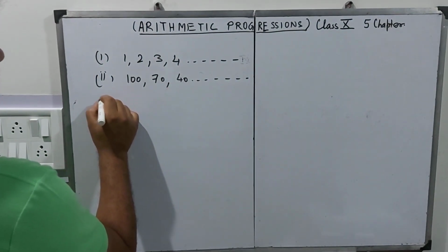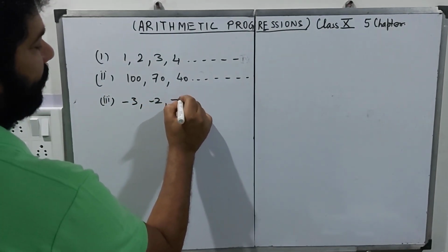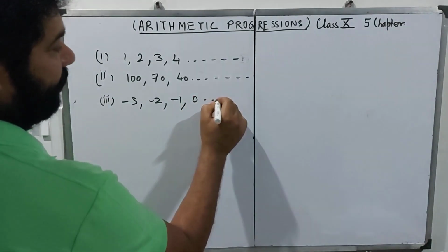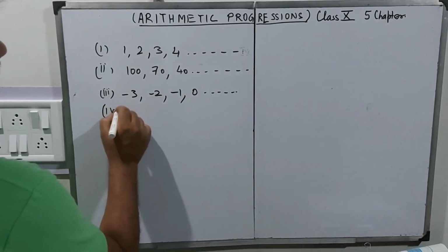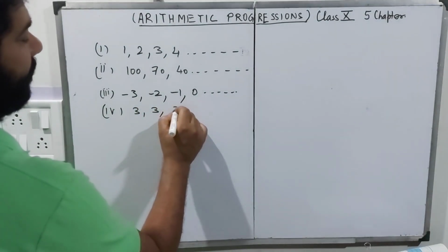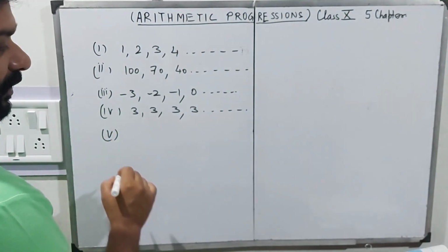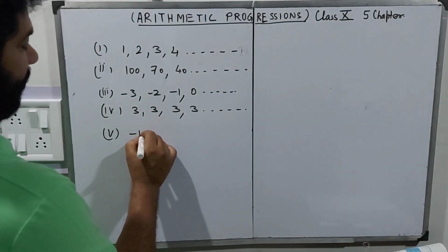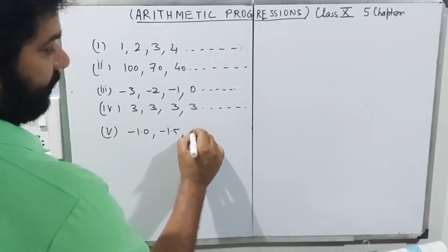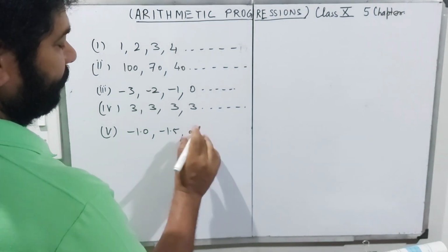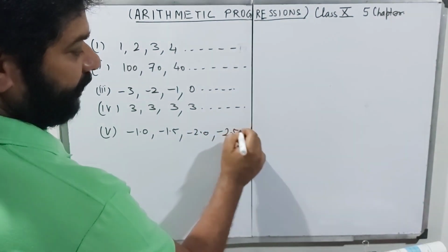Third: -3, -2, -1, 0, and so on. Fourth: 3, 3, 3, 3. Fifth case: -1.0, -1.5, -2.0, -2.5, and so on.